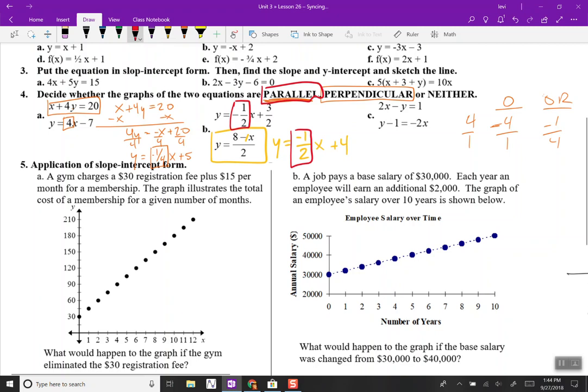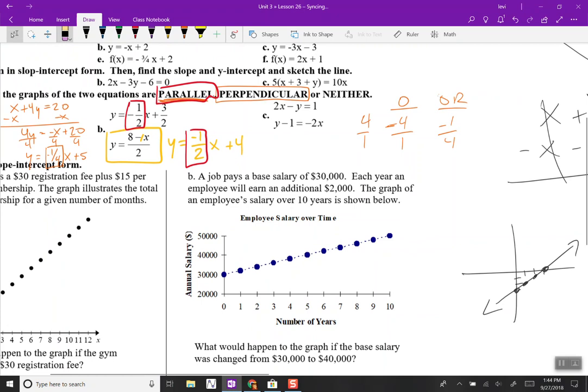And then C, for C, on the bottom one, if we added 1 to both sides, we'd get y equals negative 2x plus 1. And on this top one, 2x minus y equals 1. Well, we could subtract 2x from both sides.